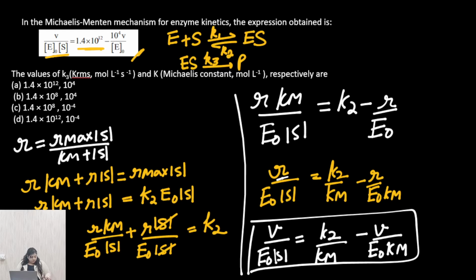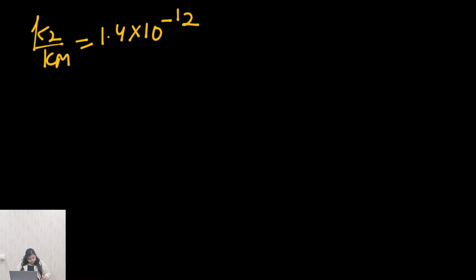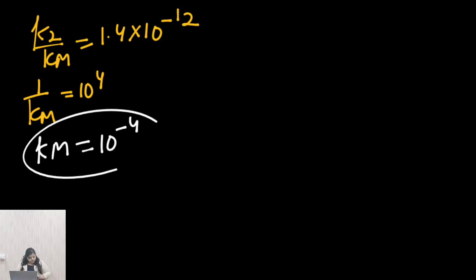And the other one, that is 1 by Km value, will be equal to 10 raised to the power of 4. So 1 by Km is 10 raised to the power of 4. So from here we can find the value of Km, which is going to be equal to 10 raised to the power of minus 4, right?